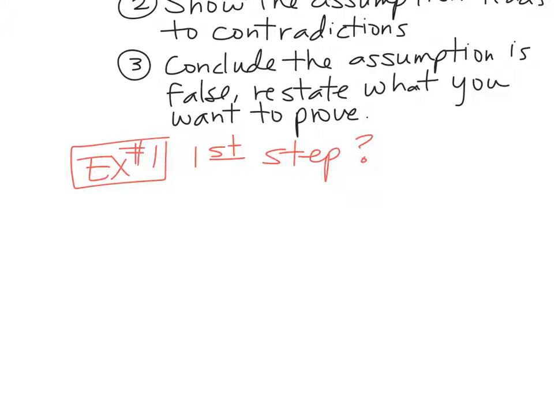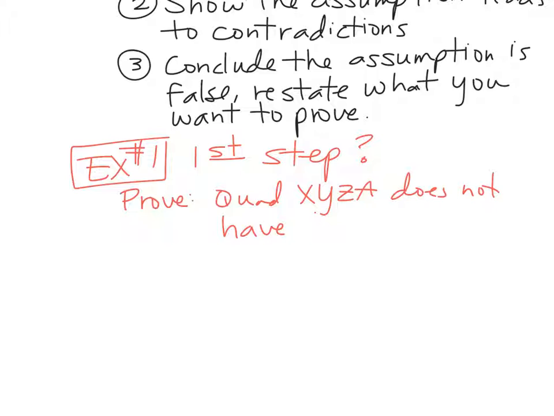Okay, so if I told you prove that quadrilateral XYZA does not have 4 acute angles, I just want to know the first step. What did it say you do for the first step? What was step 1? Yeah, Angelina. Assume the opposite. Assume the negation, okay?